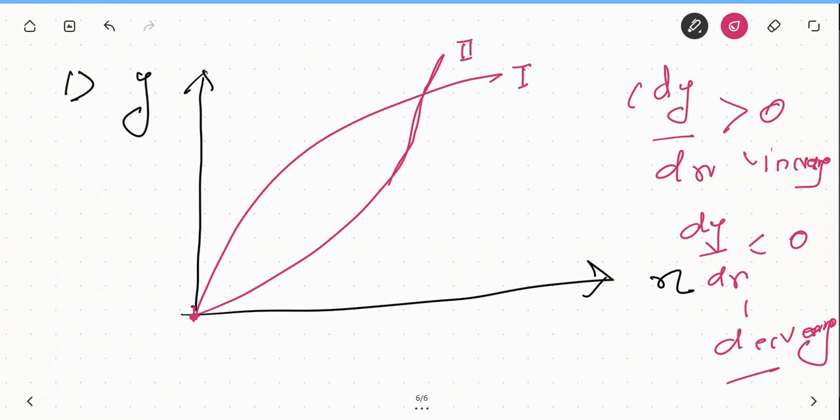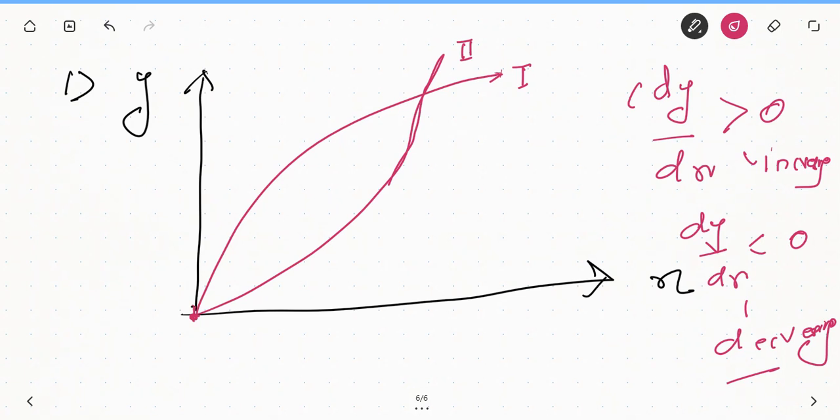Now you tell me, by making a comparison between curve number 1 and curve number 2 which I have drawn here, which one is a decreasing one and which one is an increasing one?